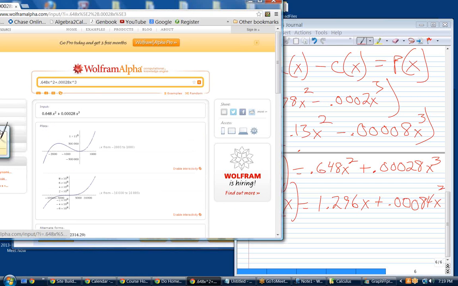Okay, so this has the same shape, only we're looking for that point, and 0 is going to be the same point over here. So to find that point right there, we're going to list the derivative and look for its 0. So the derivative is 1.296x plus 0.00084 x squared.